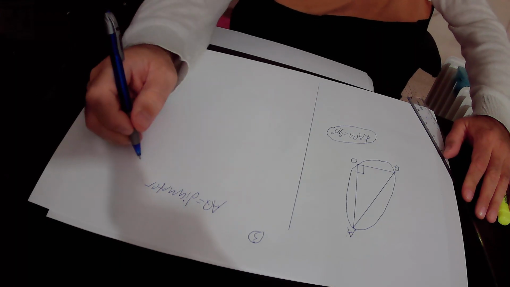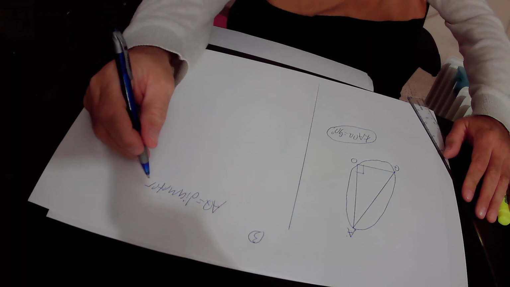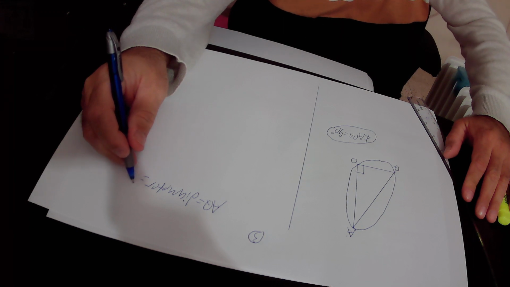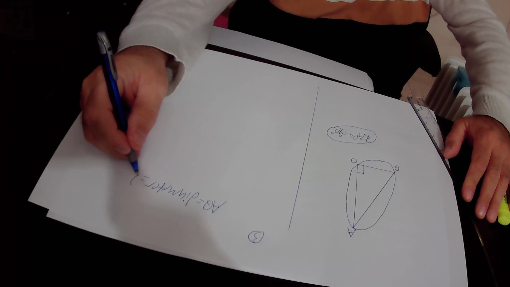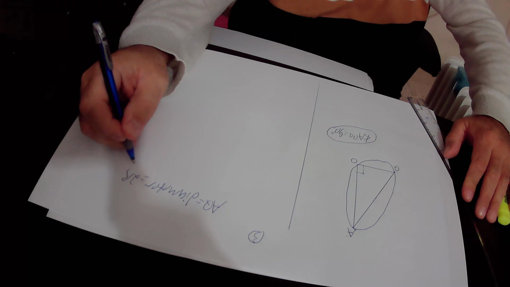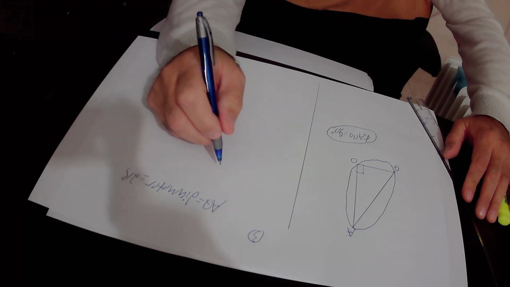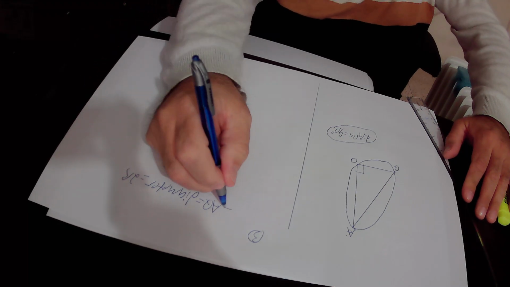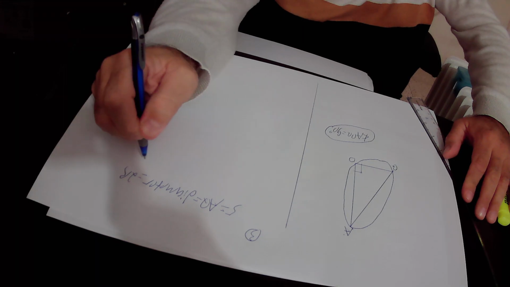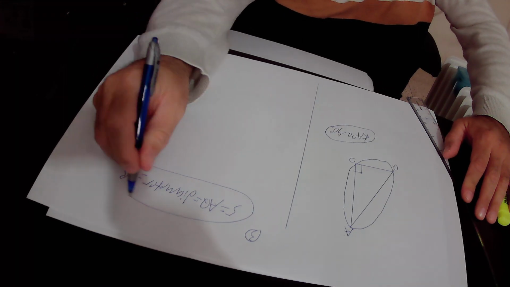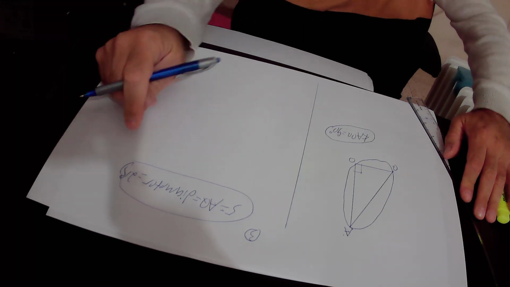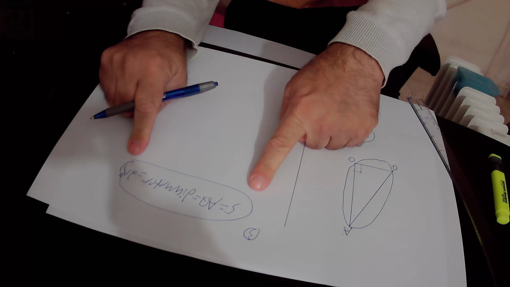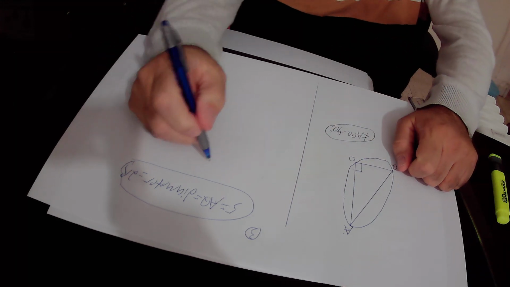We know that the diameter of any circle equals 2 times the radius. That is to say, the diameter of this circle equals 2 times r, but on the other hand, it is given that AQ equals 5 units in its length. From this, we derive that 5 equals 2r.